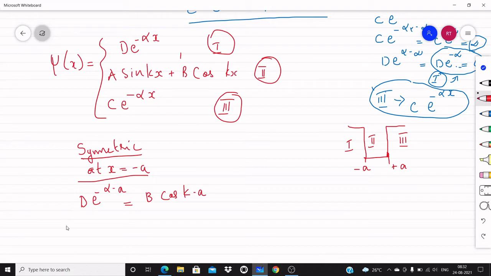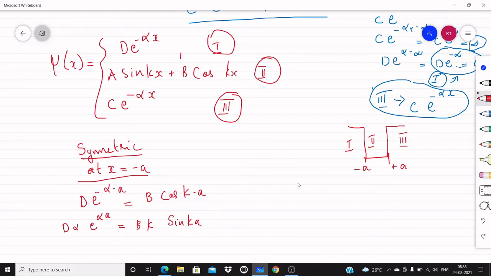We take the derivative: d into alpha into e raised to alpha a, you have both minus, it will be a positive term, is equal to the derivative of b cos of minus ka, which is b k into sin ka.